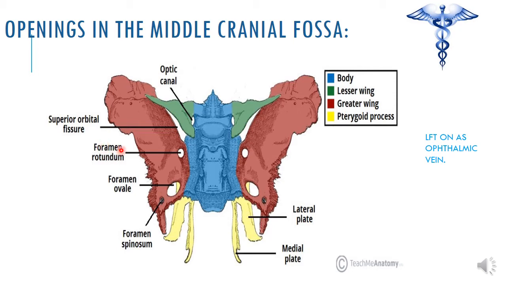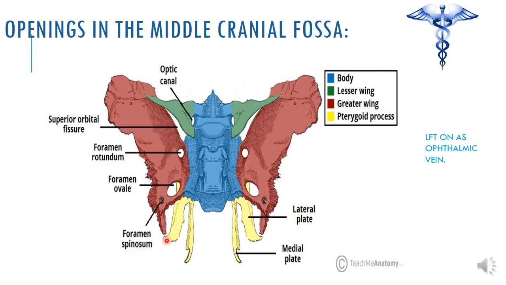So you have to remember that the maxillary nerve passes through this foramen rotundum. Now the other opening is the foramen ovale. This foramen ovale lies posterolateral to the foramen rotundum, and the nerve that passes through this foramen ovale is the mandibular nerve, right?